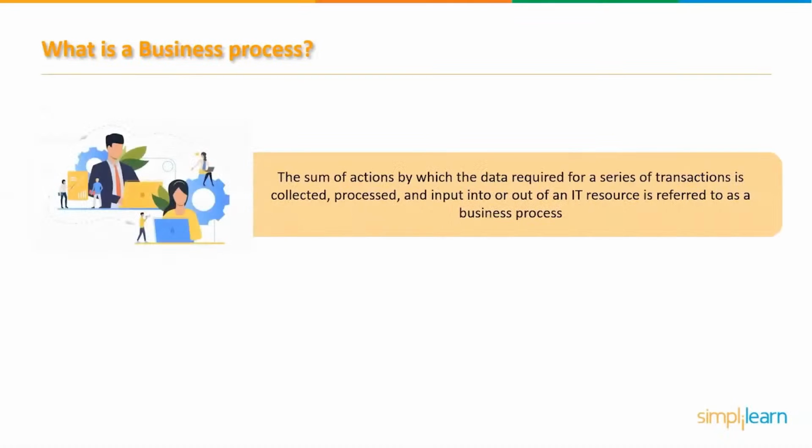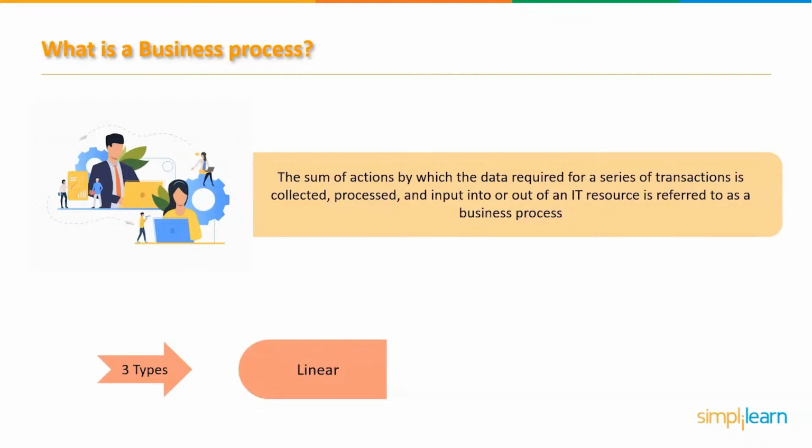The sum of actions by which the data required for a series of transactions is collected, processed, and input into or out of an IT resource is referred to as a business process. We can classify business process into 3 groups based on the steps involved and how they are repeated. Linear.